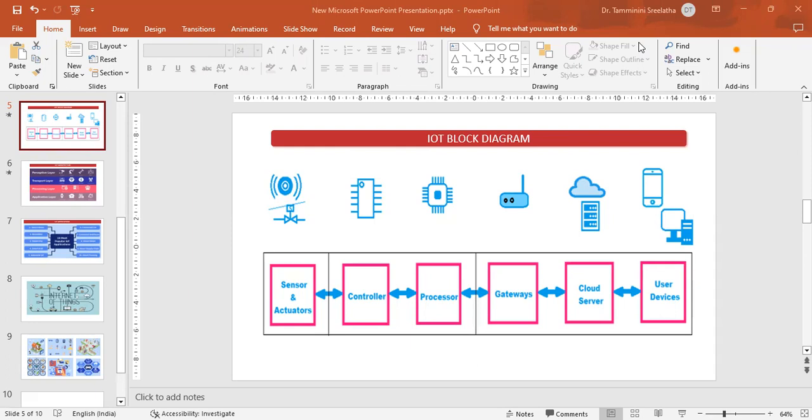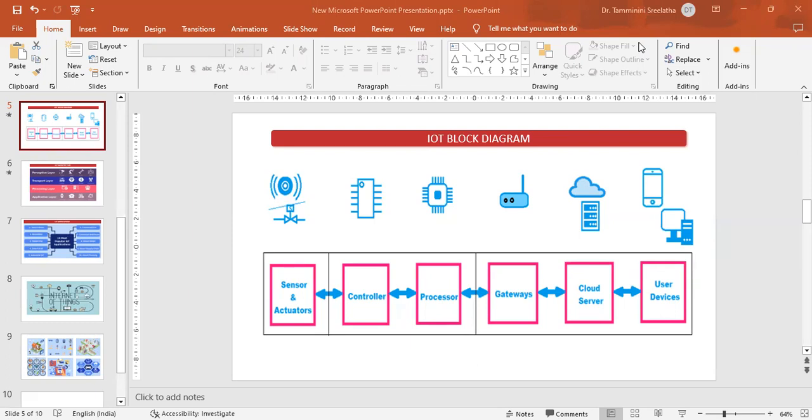Suppose, for example, you are in the office. In a short period of time, you will be reaching your home. Then you like the environment to be cool. So while you are in the car itself, you can switch on the AC of your home by using your user device.